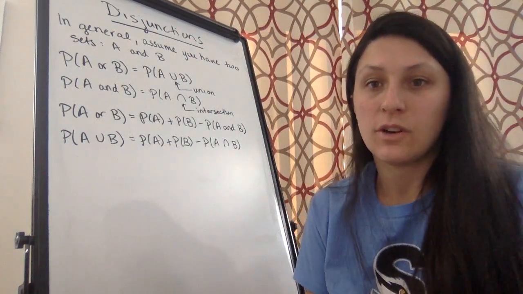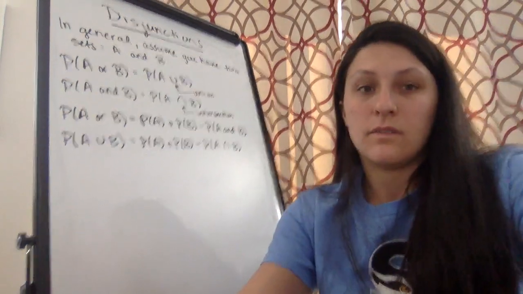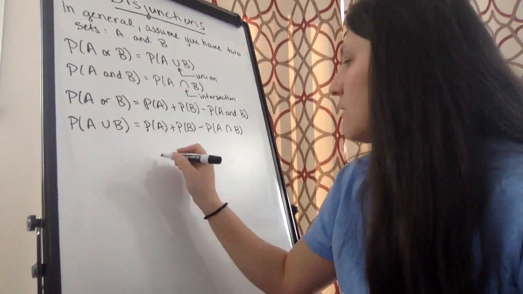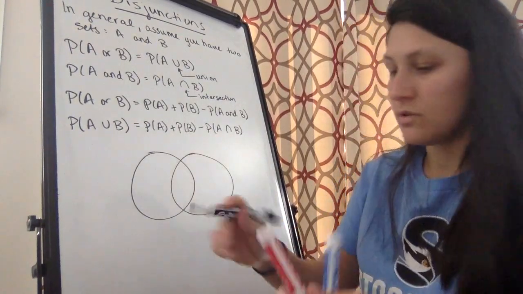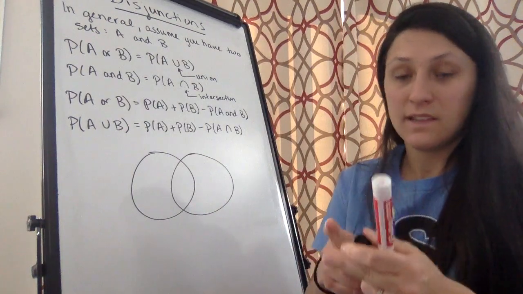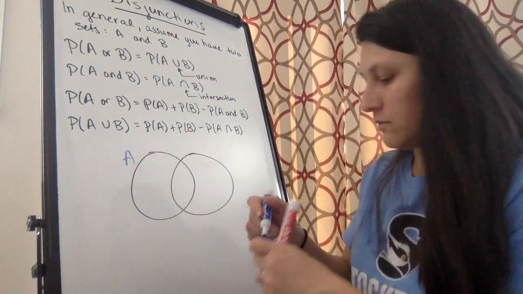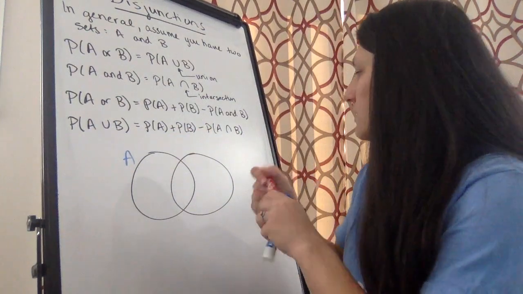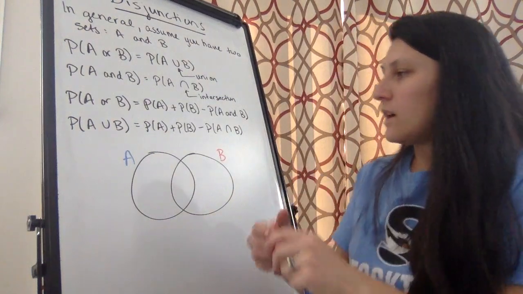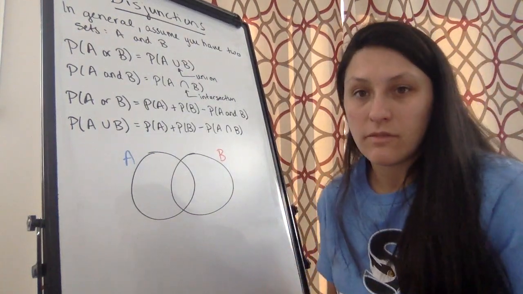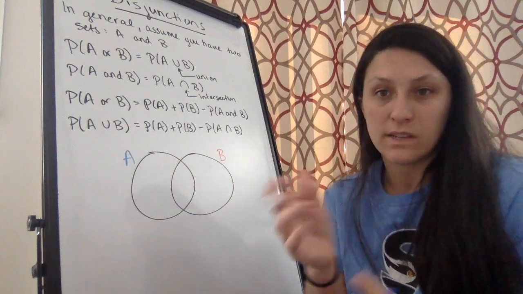Okay, let's show all of these ideas in a Venn diagram. So let's say you have a Venn diagram of two sets. Okay, we'll call one set A, the other set B. So here's set A, and then we'll put B in red. Here's set B. So what I'll do is I'll shade this and then I'll kind of erase it, but in your notes you should have a bunch of different examples, so don't erase it in your notes.